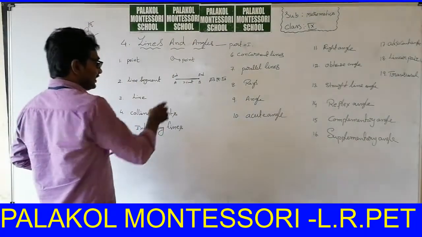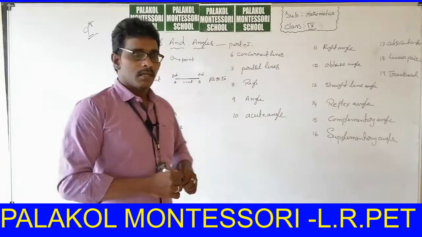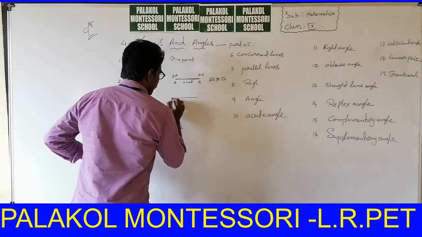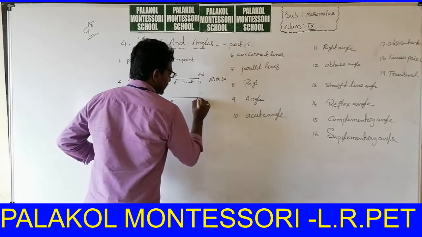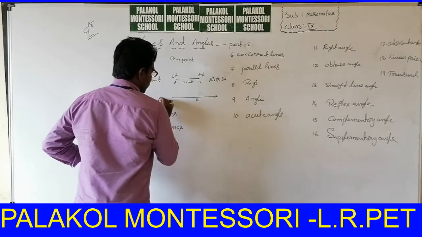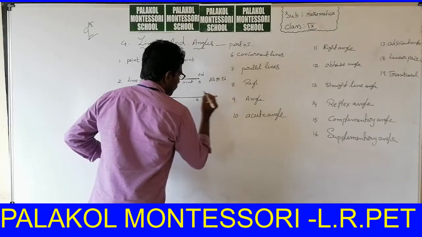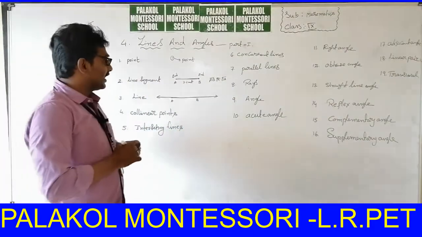Next one, extend this line segment on both sides. That means endless. See guys, AB is a line segment. If you extend it on both sides, it forms a line. So what does this mean?